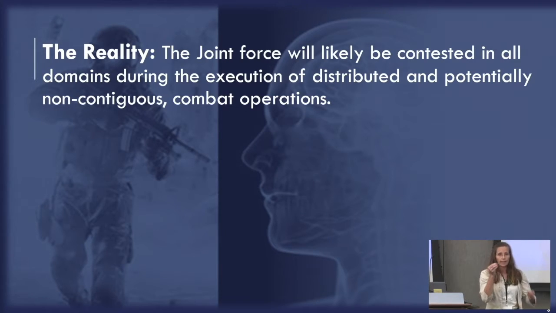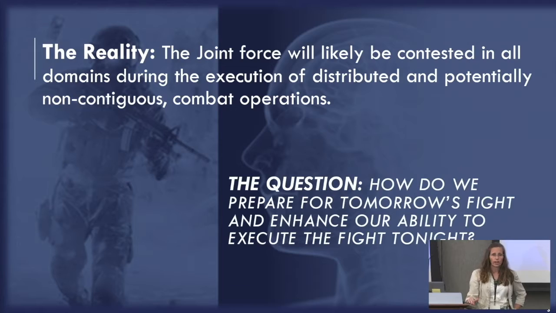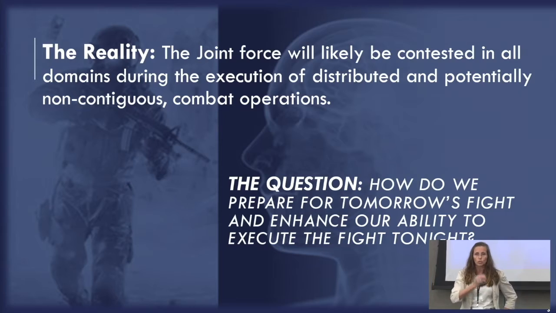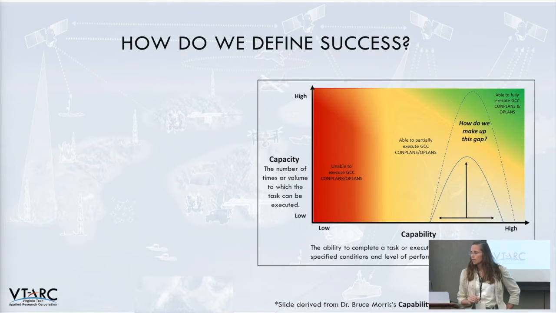So targeting that information sharing network is a challenge. So the question for us in T&E is not only how do we prepare for tomorrow's fight, but how do we enhance our ability to do the fight tonight, right? There are some short-term, quick turnarounds that we need to be responding to. We're not just thinking way out in the future.